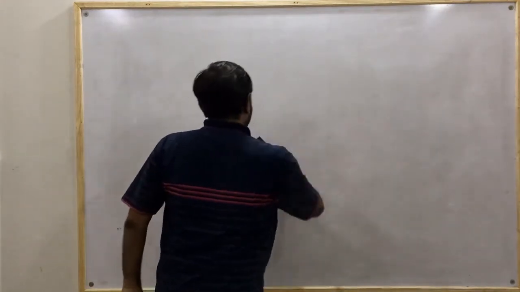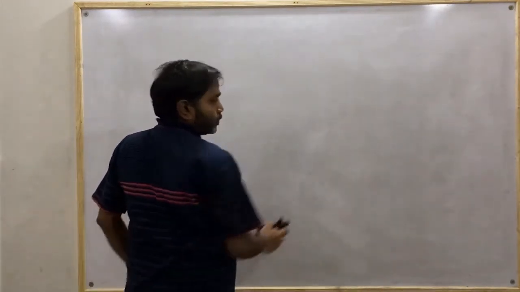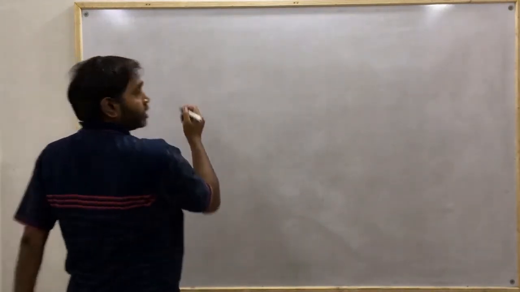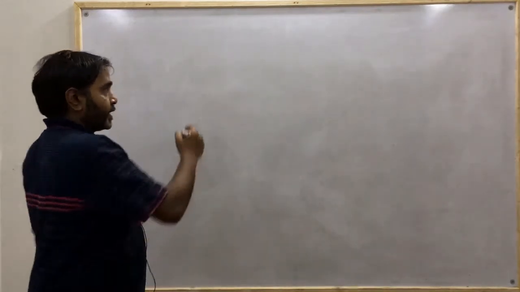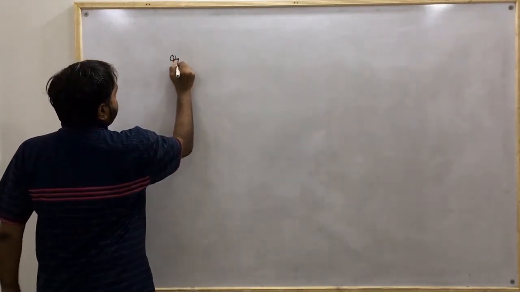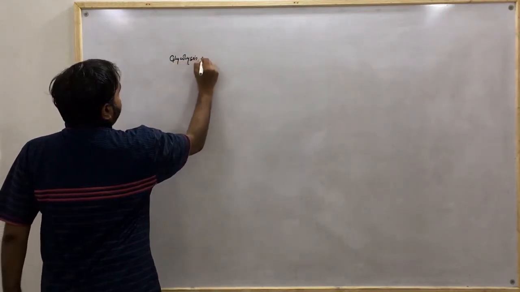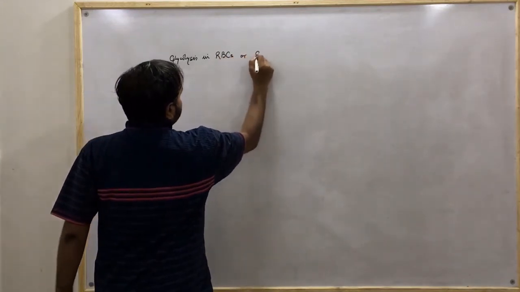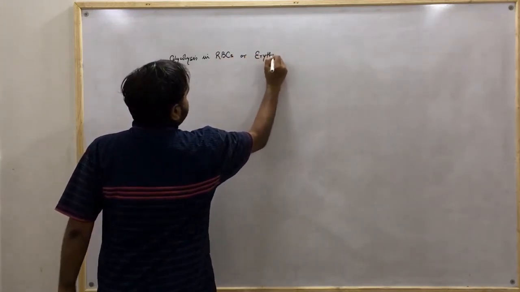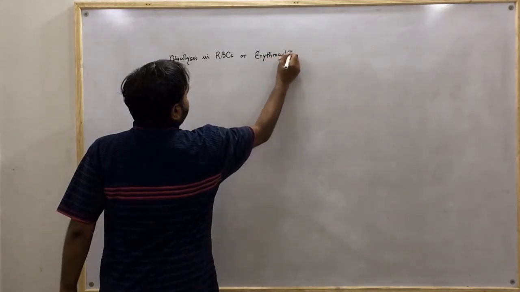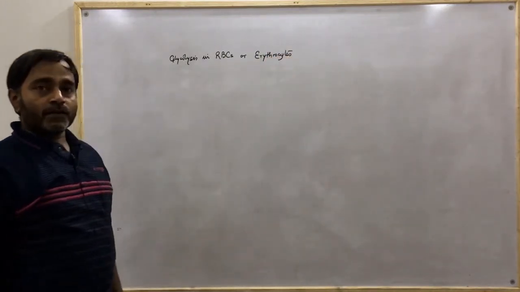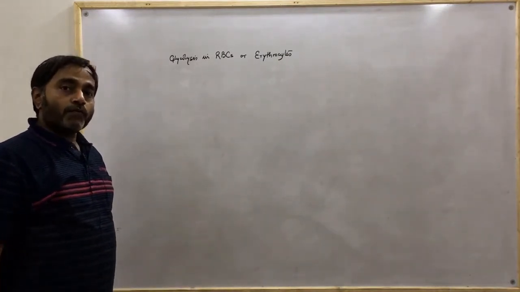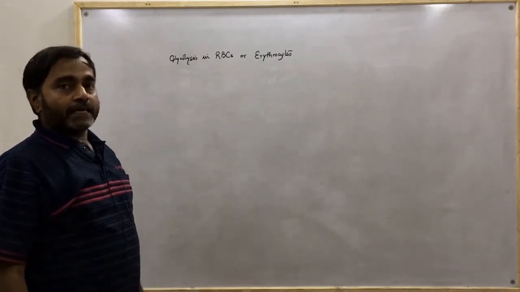Before moving to the Krebs cycle, I would like to tell you 2 things which are important, and that is how the glycolysis occurs in erythrocytes, RBCs or erythrocytes. And the second thing which we need to understand is what are the different sort of factors which regulate the glycolysis.